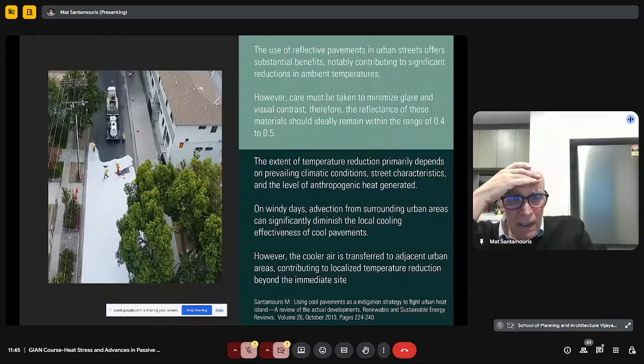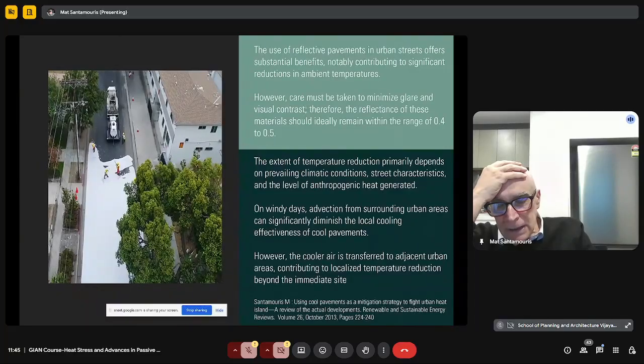However, it is very important when cool pavements are used to consider the optical annoyance. Why? Because the drivers, if they have to look on the reflective pavements, may have serious problems of glare and contrast, and this may create accidents.